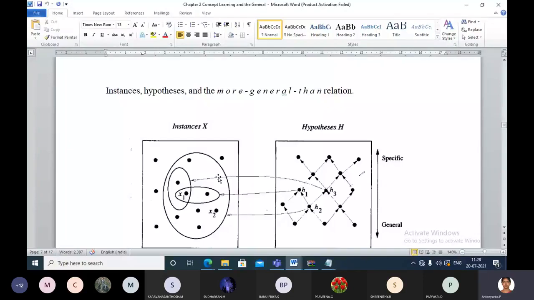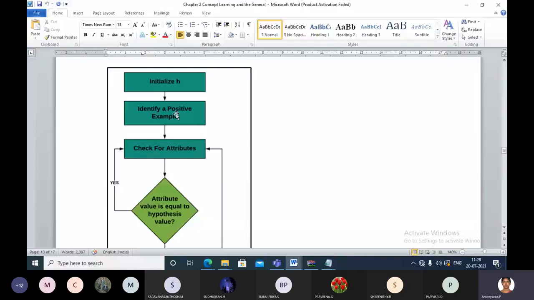The first one is initialize a hypothesis H. Identify a positive example and check the attributes.